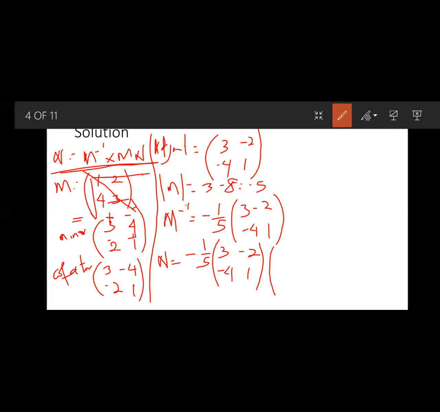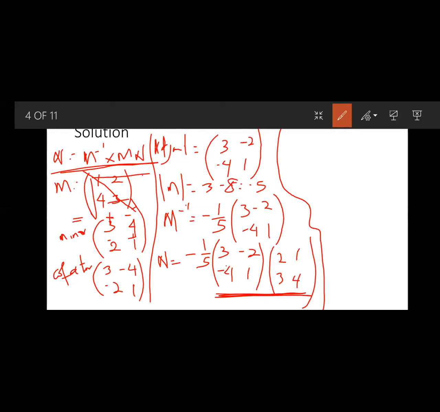The Mn they gave us is [2, 1; 3, 4]. You can multiply the matrices first before you multiply by minus 1 over 5. I believe at this point everybody can multiply matrices without any challenge.